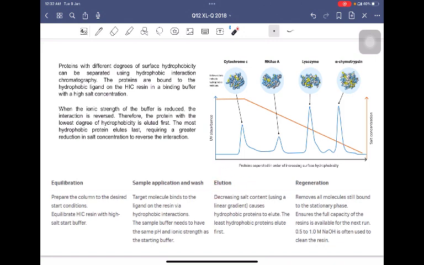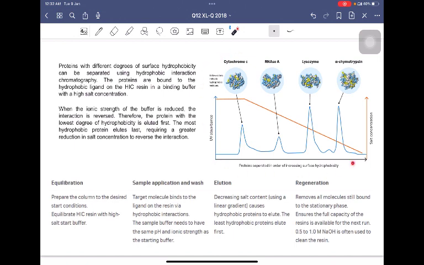Now coming to the elution, when the ionic strength of the buffer is reduced, the interaction is reversed. The protein with the lowest degree of hydrophobicity will be eluted first. The most hydrophobic protein will elute last, which will require a greater reduction in the salt concentration.